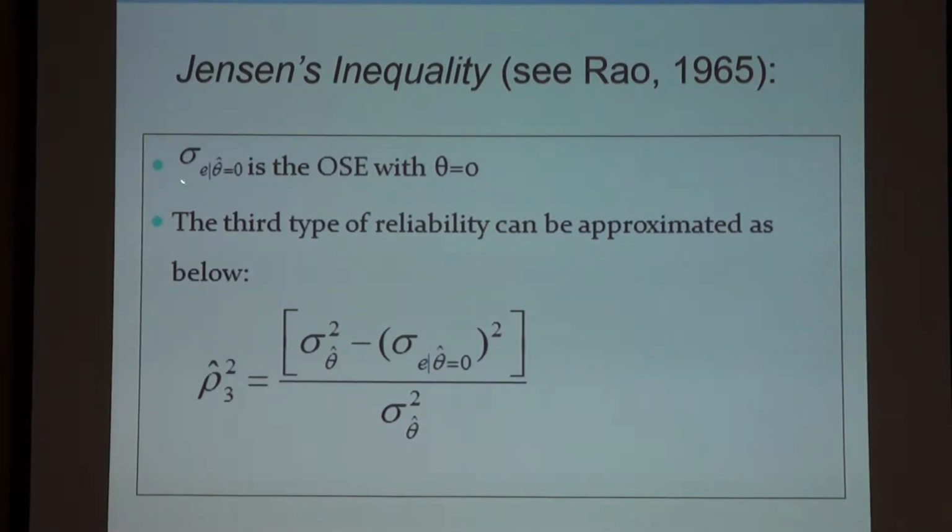So the third type of reliability can be approximated based on this equation: the variance of the estimate minus the standard error squared given theta-hat equals 0, divided by the estimate variance. This is the third type of reliability. So we are going to use three methods to estimate reliability in CAT.